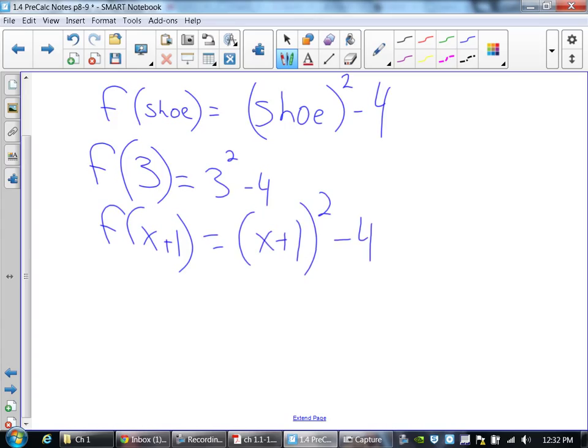So you have to FOIL it through. Okay? It's first, outside, inside, last.